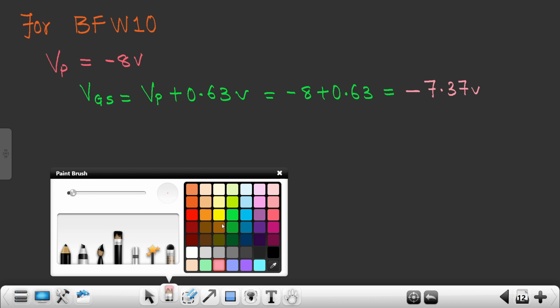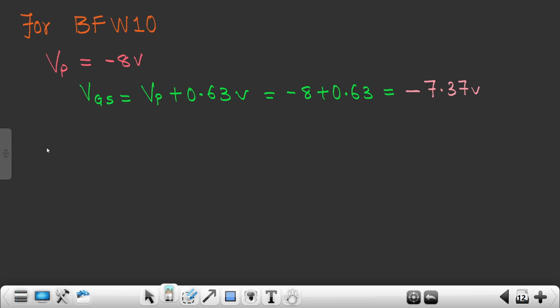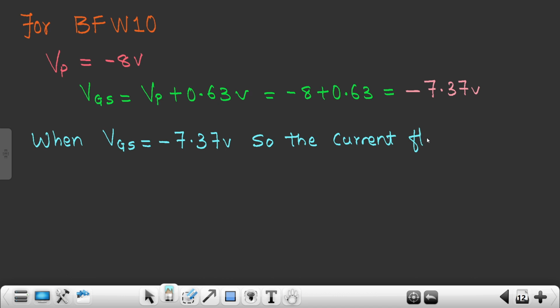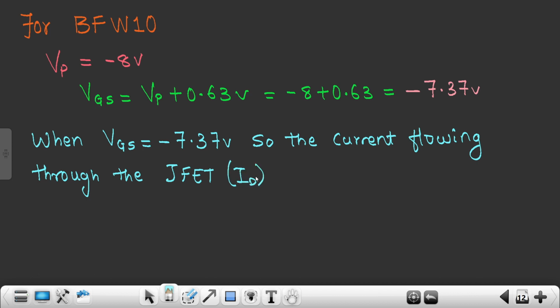Let me write over here, so when VGS is equivalent to minus of 7.37 volts, the current flowing through the JFET, which is ID, will be independent of temperature.